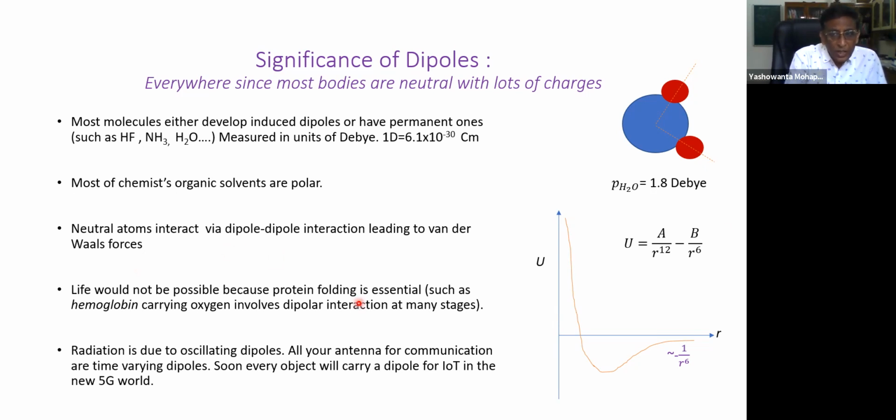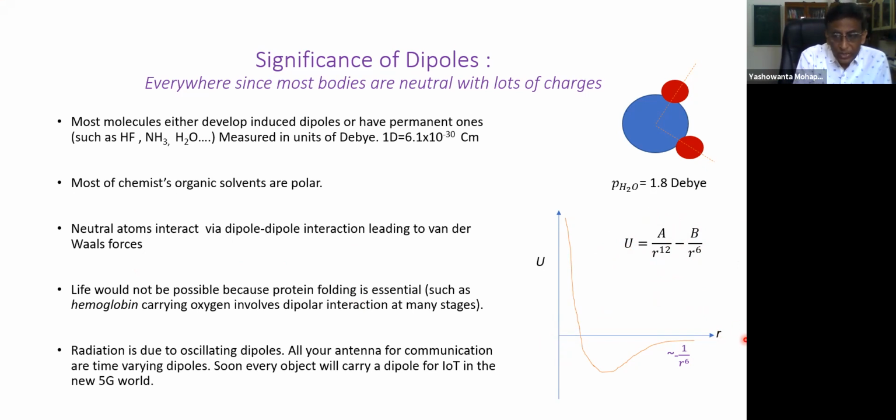For example, in your mechanics course, you might have come across the Lennard-Jones potential. There's potential energy. There's one neutral atom, let's say, at the origin, and another at some distance. Of course, if they're very far off, there is no interaction, and they are two separate atoms.